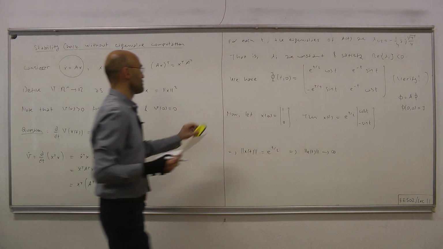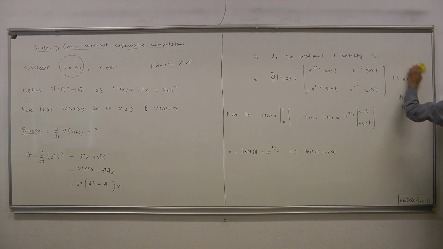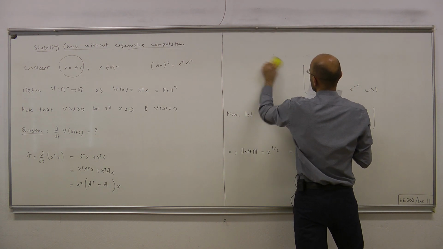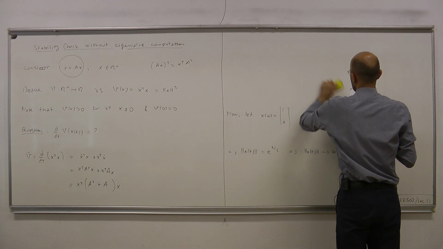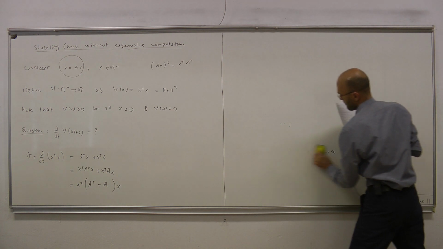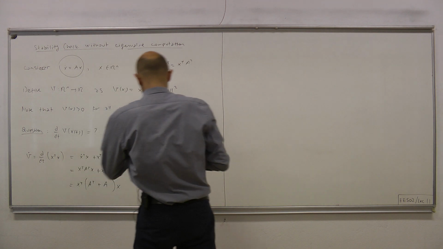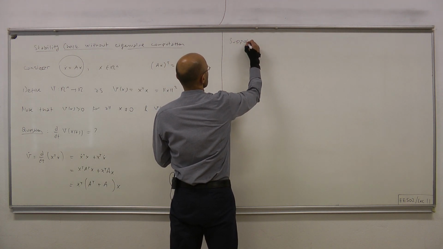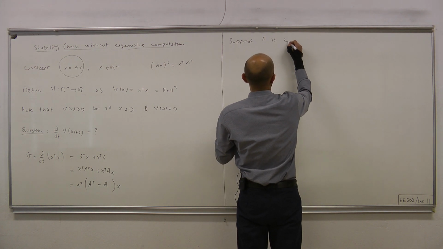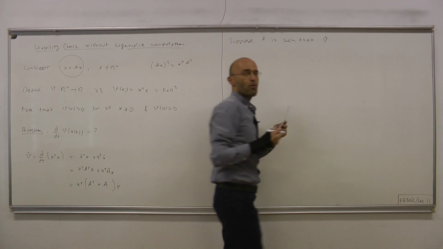Okay, now suppose A is such that it produces a negative time derivative for V. Okay, once again, what's V dot?